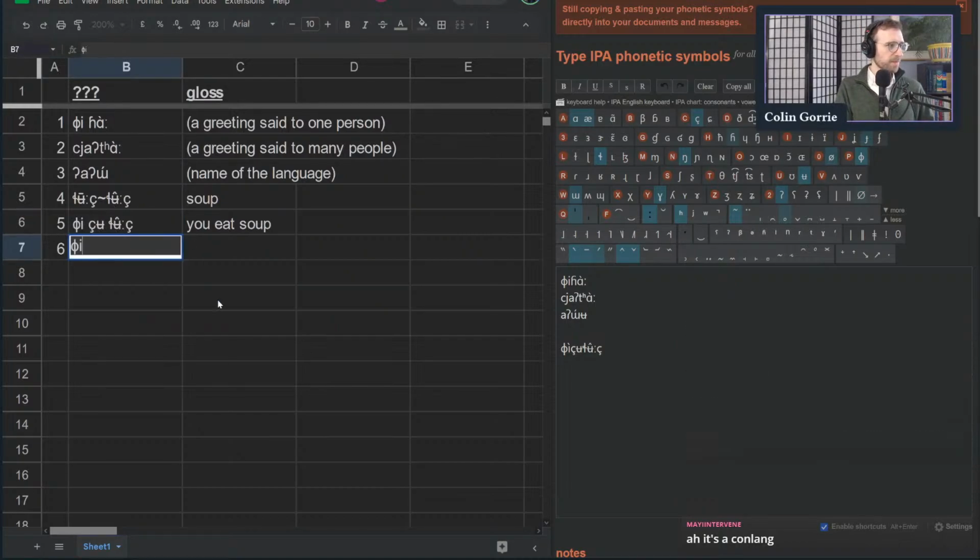All right. So then we have something that feels to me like a long. Where is it? There it is. Long, high. Oops. Fi or fi.